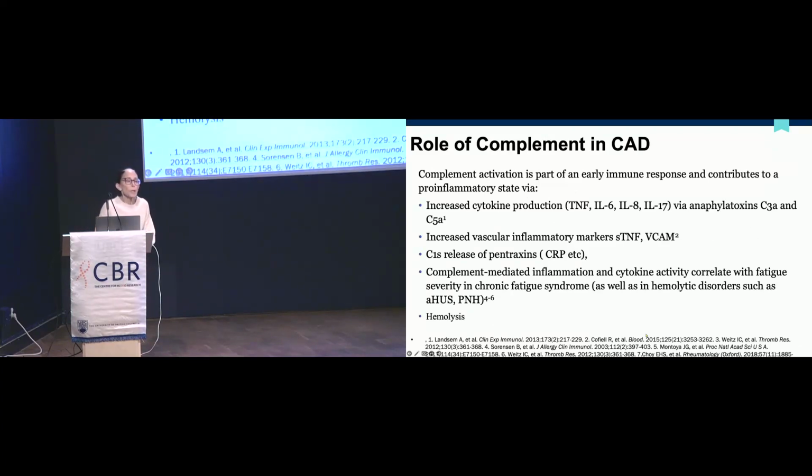So what's the role of complement in cold agglutinin disease? Well, it's really part of our innate immune system, and it sets up a pro-inflammatory, pro-thrombotic milieu. We know that it increases cytokine production, including TNF, IL-6, IL-8, IL-17, and it also produces these anaphylatoxins, C3a, that recruits white cells into the area, and C5a, which is a very potent inflammatory and prothrombotic protein.